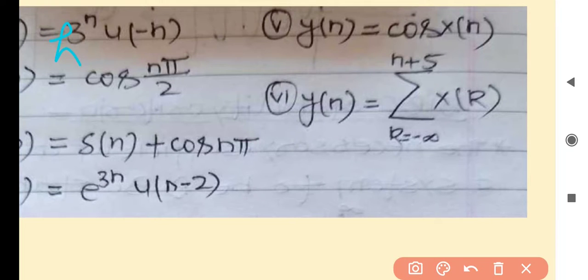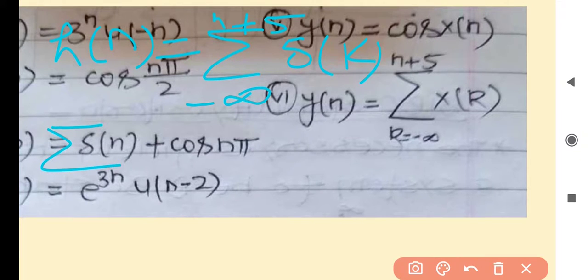So h[n] is equal to sigma of delta[k], where k is from minus infinite to n plus 5. We have to take the summation of h[n].